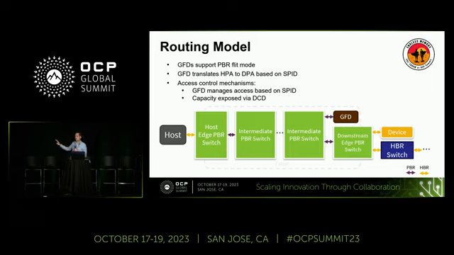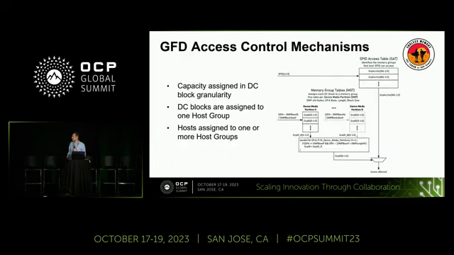Any capacity behind the GFAM device, access to that capacity is managed using the dynamic capacity device framework, the DCD. So it's got two levels of control there. What this looks like inside the GFD is capacity is assigned to a particular DC block, and it's assigned on that level of granularity.